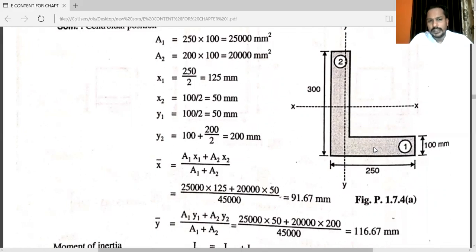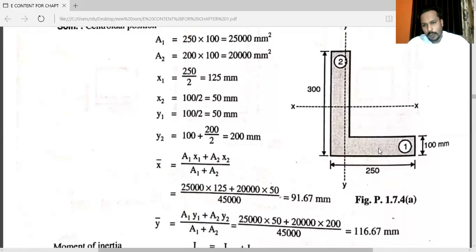So we know that the vertical distance of the centroid point from the base is 100 by 2, that is 50. See the location of the cursor. Here is the cursor.